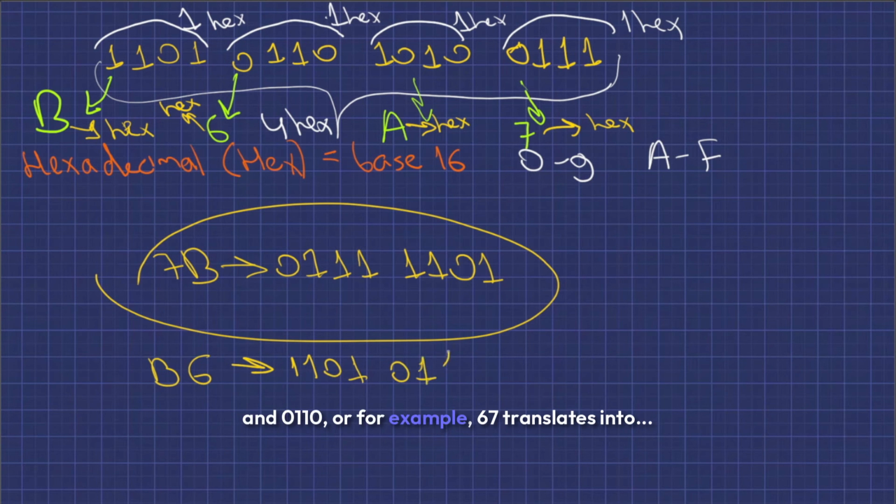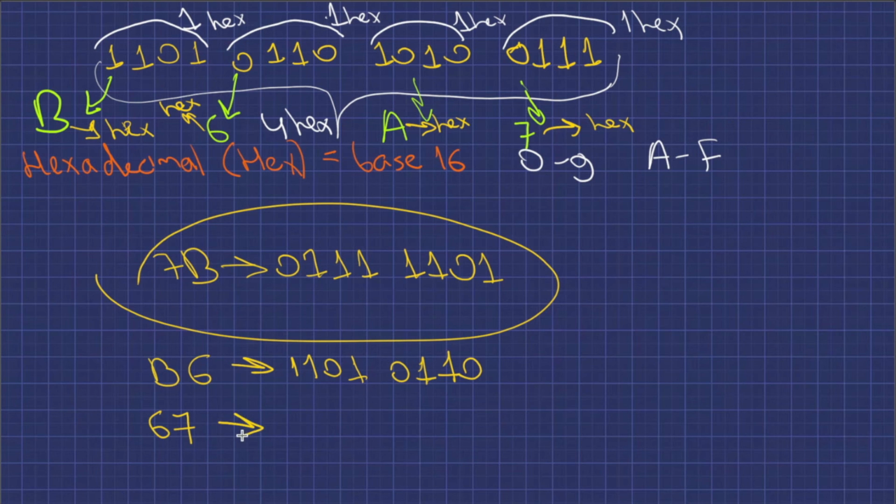Or for example, 67 translates into what? 6 is 0110 and 7 here is 0111.